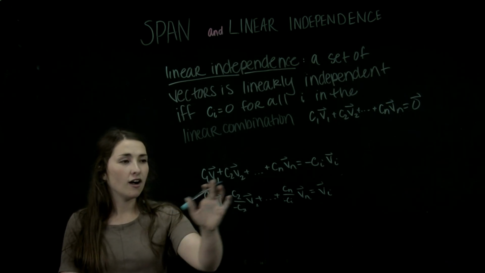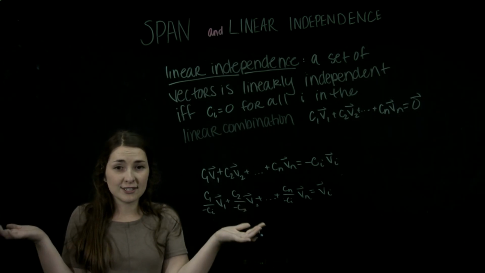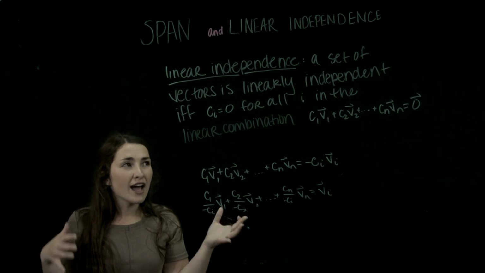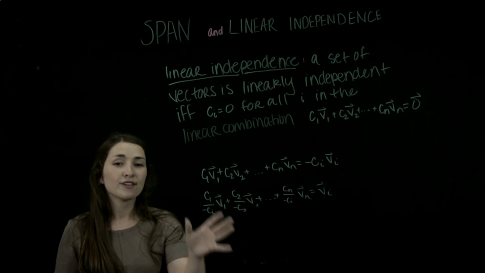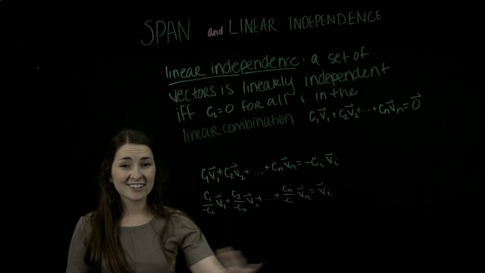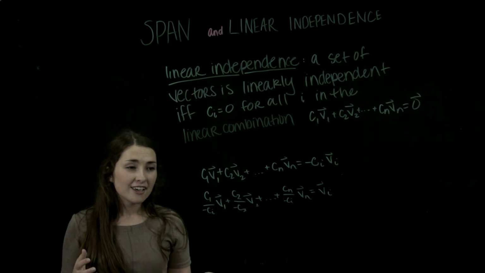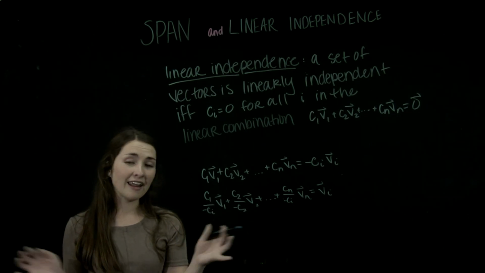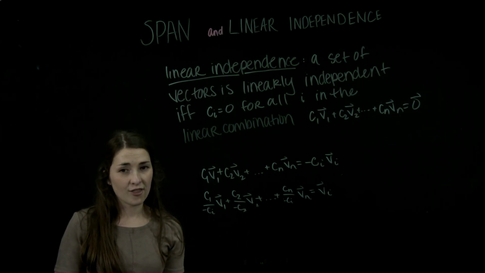But if we had all of these C values equal to 0, we would just have the 0 vector on one side and the 0 vector on the other side. So that's why we call this linear independence, because if not all these C values are equal to 0, this or any vector in here is going to be dependent on the values of the other vectors. So it's linearly independent if each of them stands on its own and you can't write them as a linear combination of the other ones.